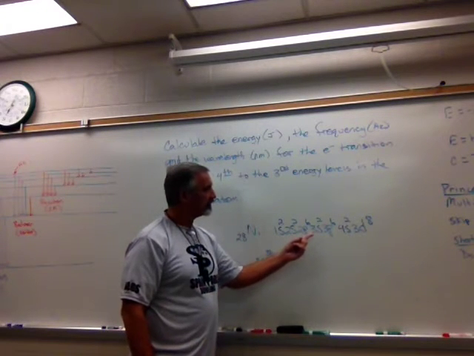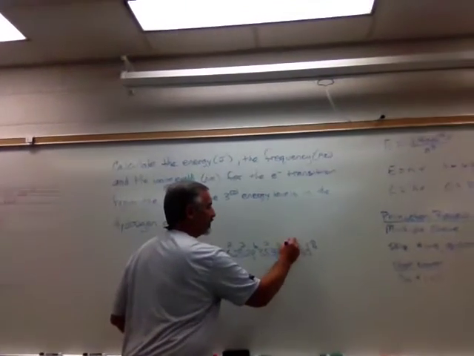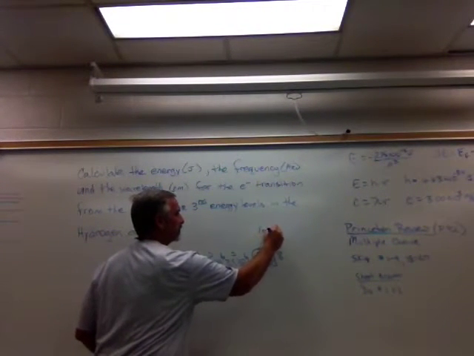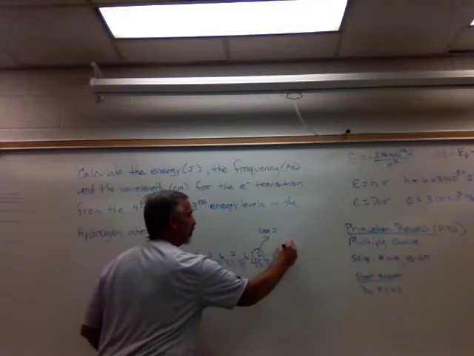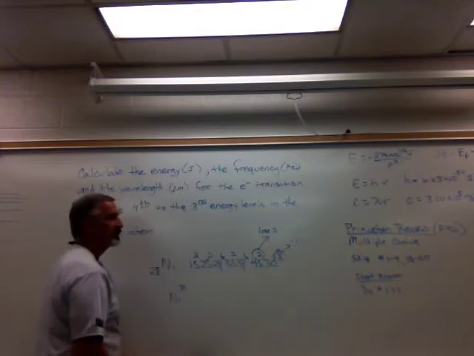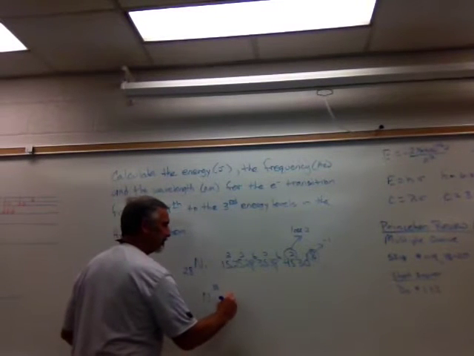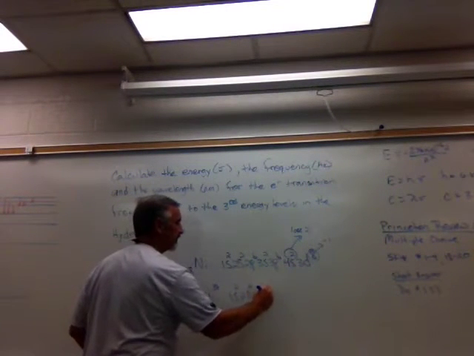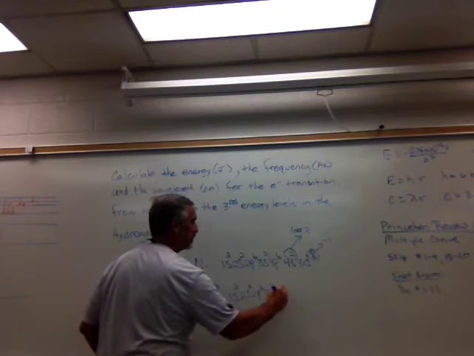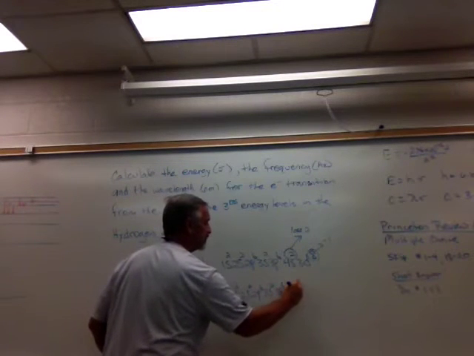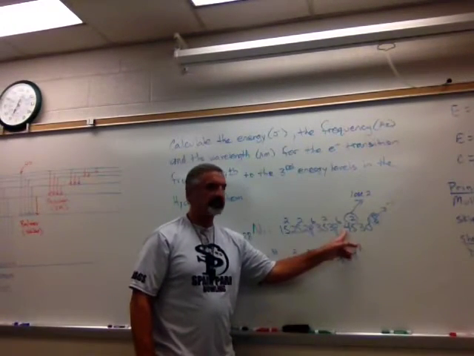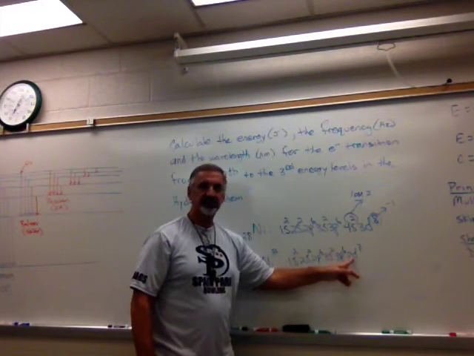Well, we know that the first 2 are going to come from the 4s. It's going to lose these 2, but then it's going to lose 1 out of the d. So then it's going to be 1s2, 2s2, 2p6, 3s2, 3p6, 3d7. So you always lose the electrons out of the s first and then out of the d's.